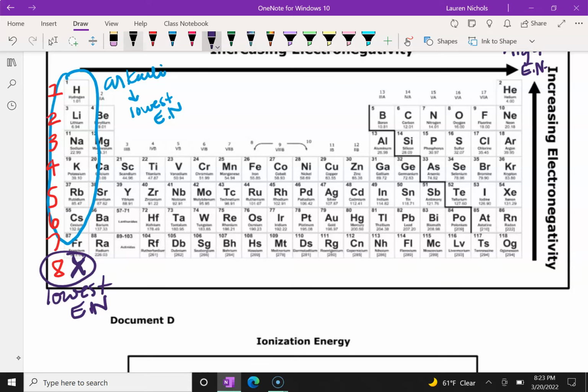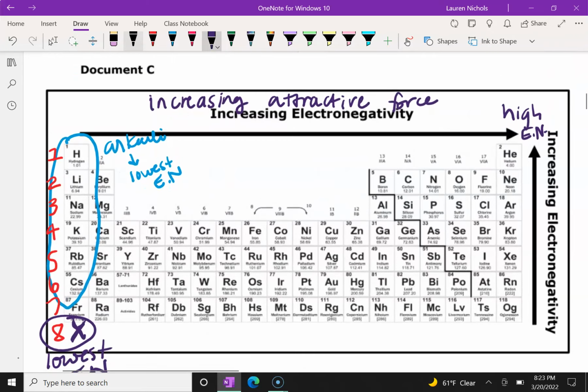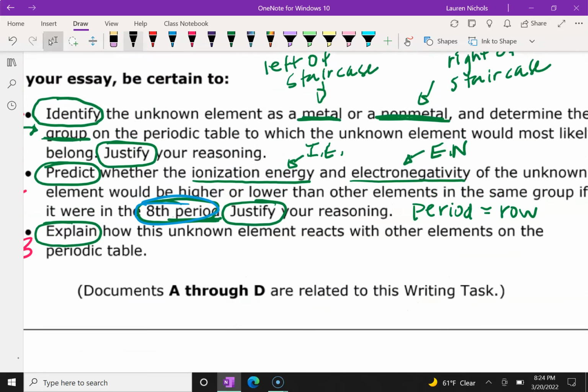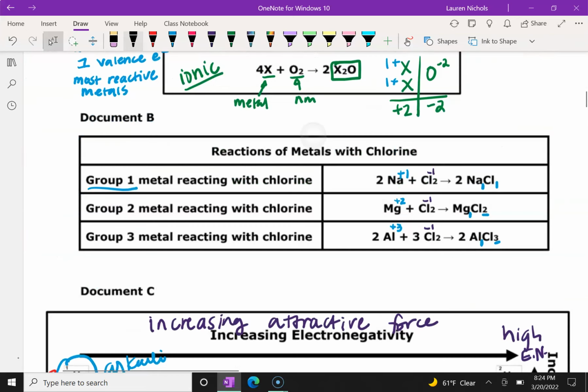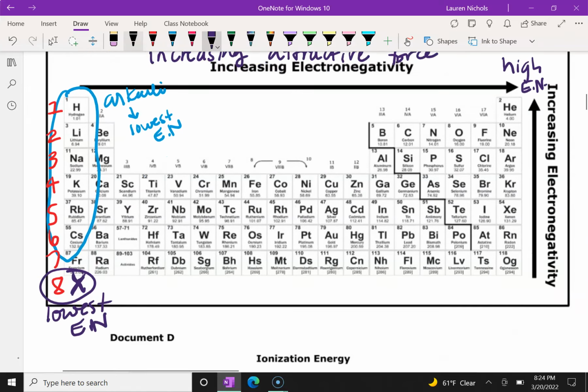It would have a lower electronegativity than francium, and it would be the lowest on the entire periodic table. So we can see that document C helps us with electronegativity, and that's mentioned in bullet point number 2. And so we would really want to use this document in bullet point number 2 or body paragraph number 2.